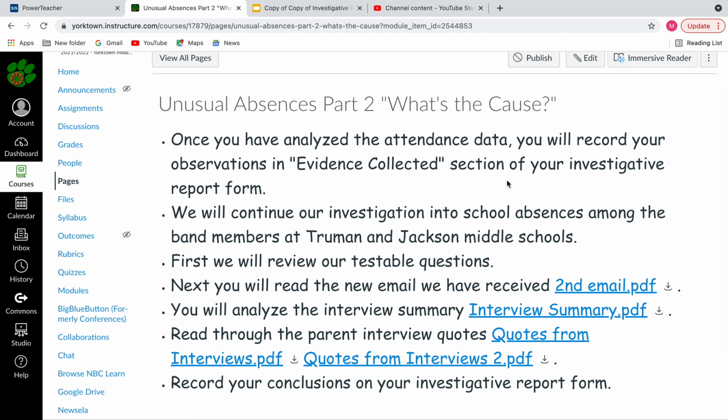So once you've analyzed the attendance data, record your observations in the evidence collected section of your investigative report form. Kind of went over that. We will continue our investigation into the school's absences among the band members at Truman and Jackson middle schools. First, we'll review our testable questions, which we did. We went over the evidence collected.